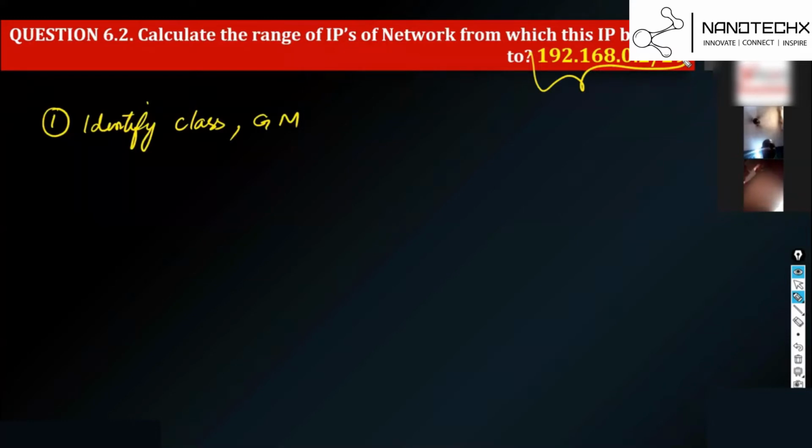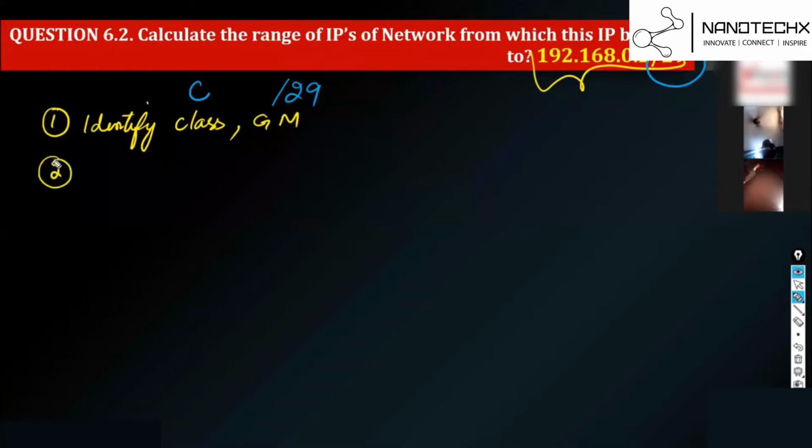Admin, please share the PDF file in the chat window again. Yes, it's class C, right? And what is the given mask? 29, very good. Yeah, this is the given mask. So class is C and given mask is /29. Step number 1 done.